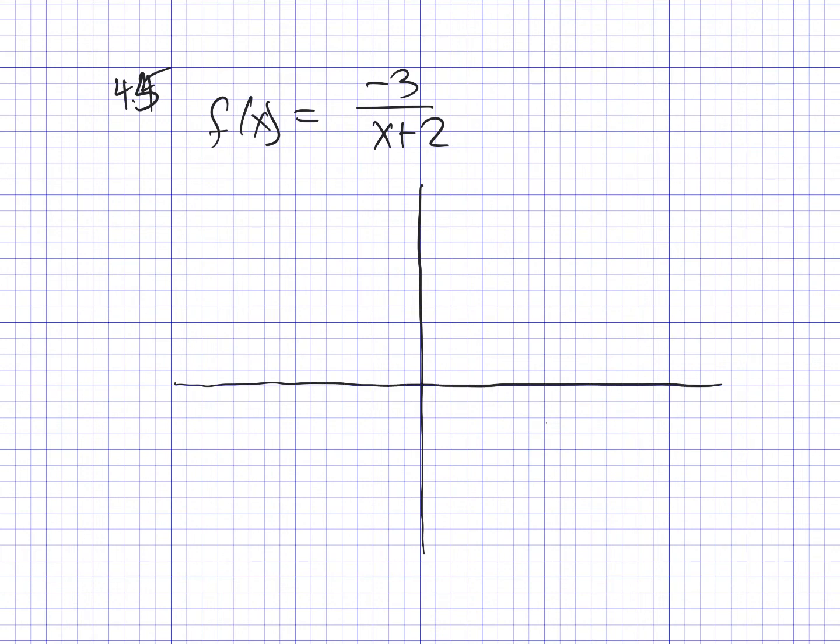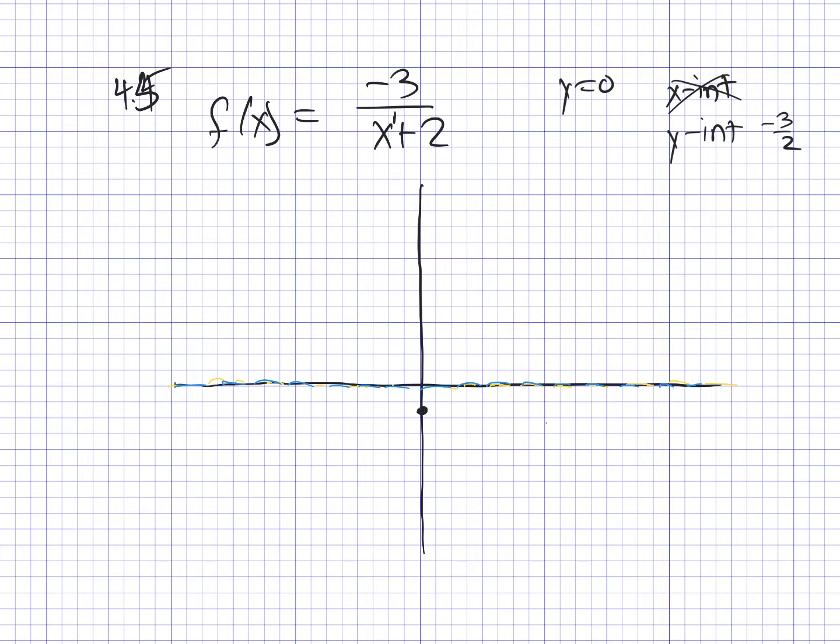Since the top exponent is smaller than the bottom one, there's no x in the top, so y equals 0 is my horizontal asymptote. The x-axis is an asymptote. We typically start with x-intercepts and y-intercepts. For the x-intercept, set your numerator equal to 0, except there are no x's there, so there aren't any x-intercepts. For the y-intercept, set x equal to 0, and we get negative 3 halves.